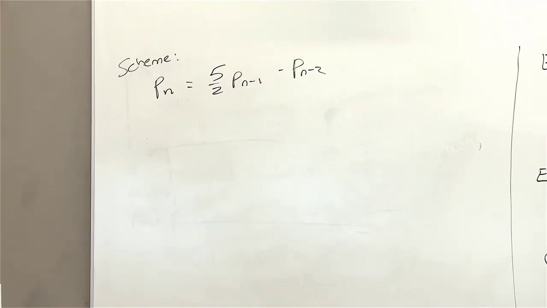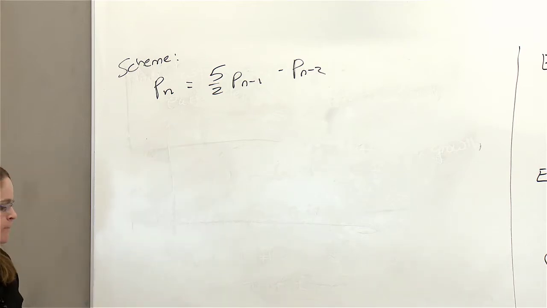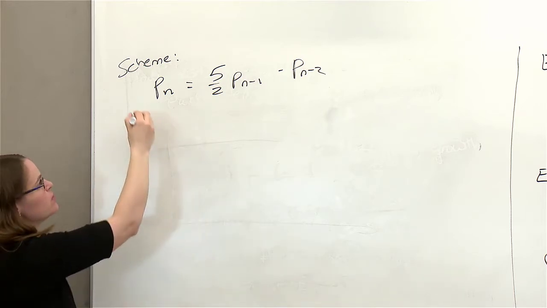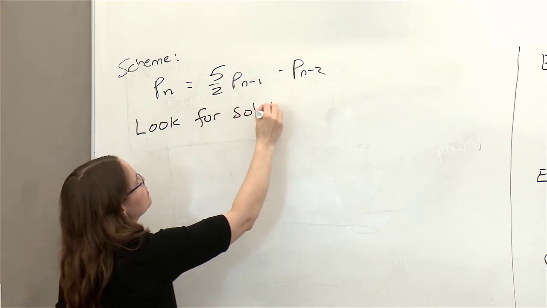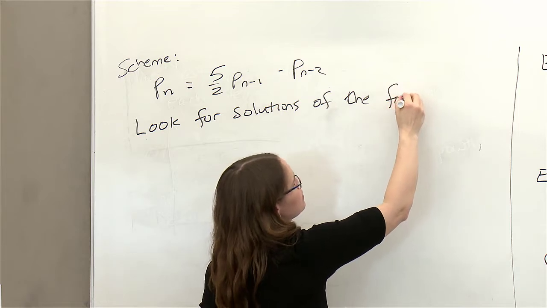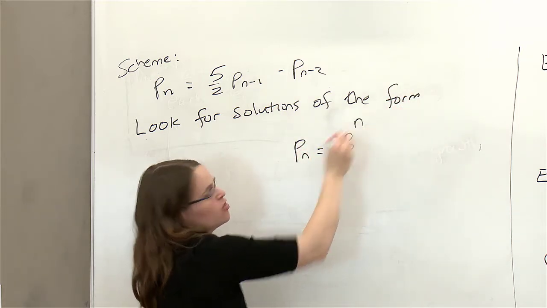What we're going to do is look for solutions of this scheme. What do the solutions of this scheme really look like? Again, when we start analyzing methods for initial value problems, this is exactly what we're going to be doing. We're going to look for solutions of this form. Okay, so Pn is equal to beta to the nth power.